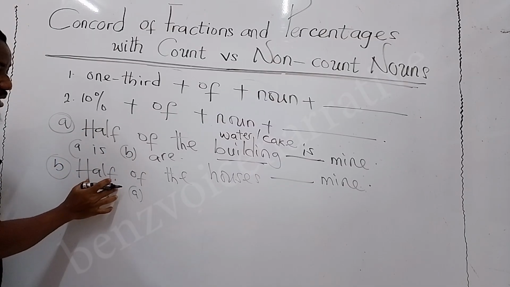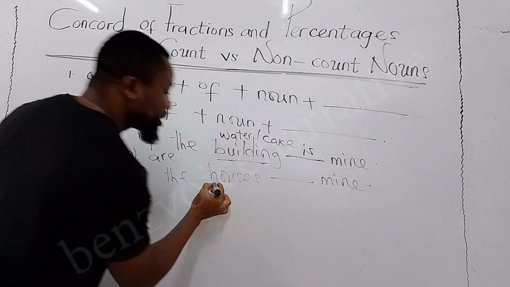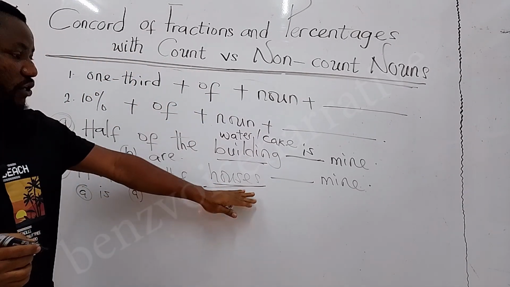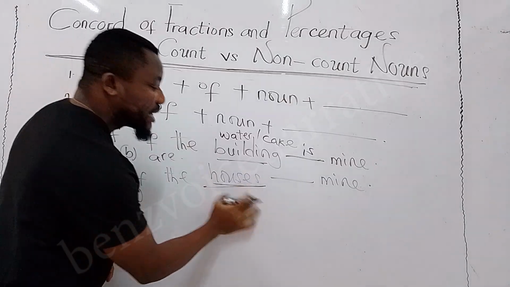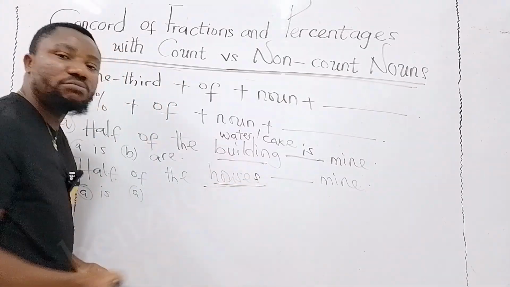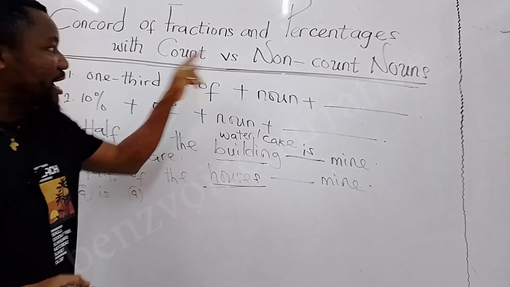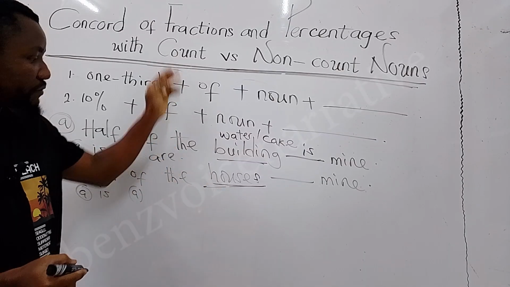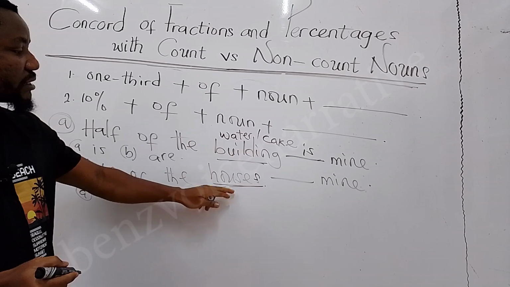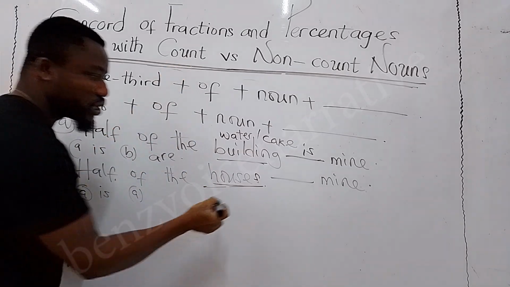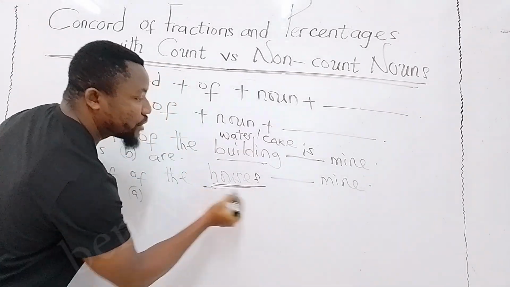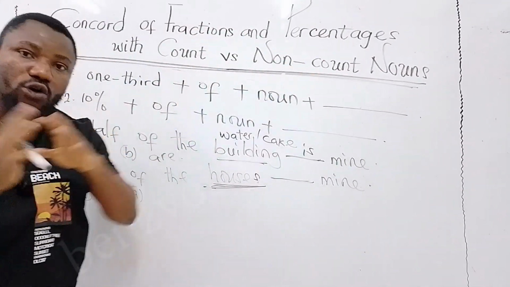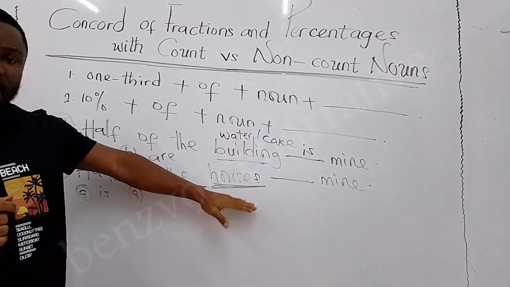So, second example, half of the houses. The emphasis is on houses. The focus should be on houses here. The noun here has s, a plural marker, that makes this noun a count noun. Are we clear? With a count noun, the verb can be either plural or singular, depending on the nature of the count noun.